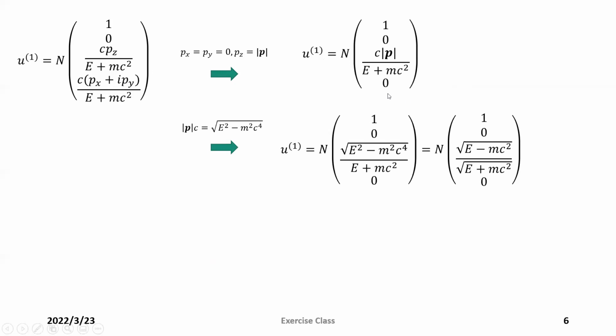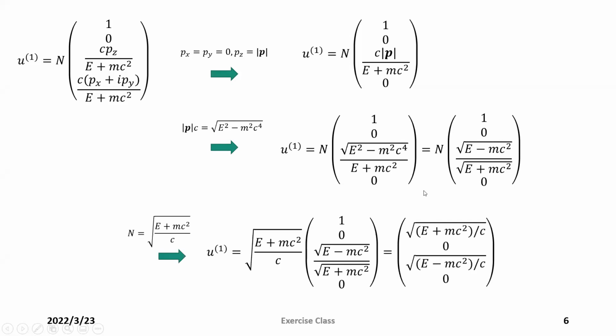Next, we can use the energy-momentum relation and replace pc by this square root, and it can be simplified to this form. Lastly, we just use the expression for the normalization factor and substitute it.